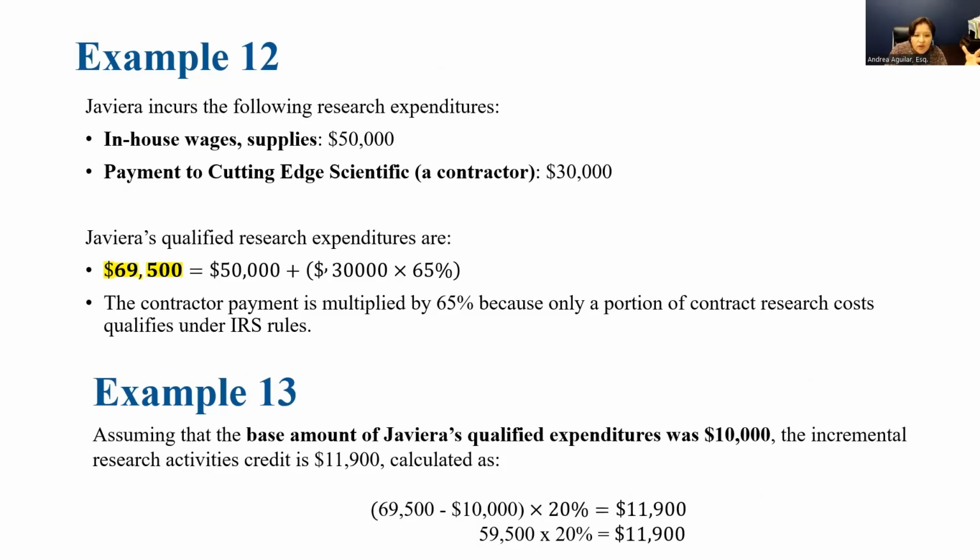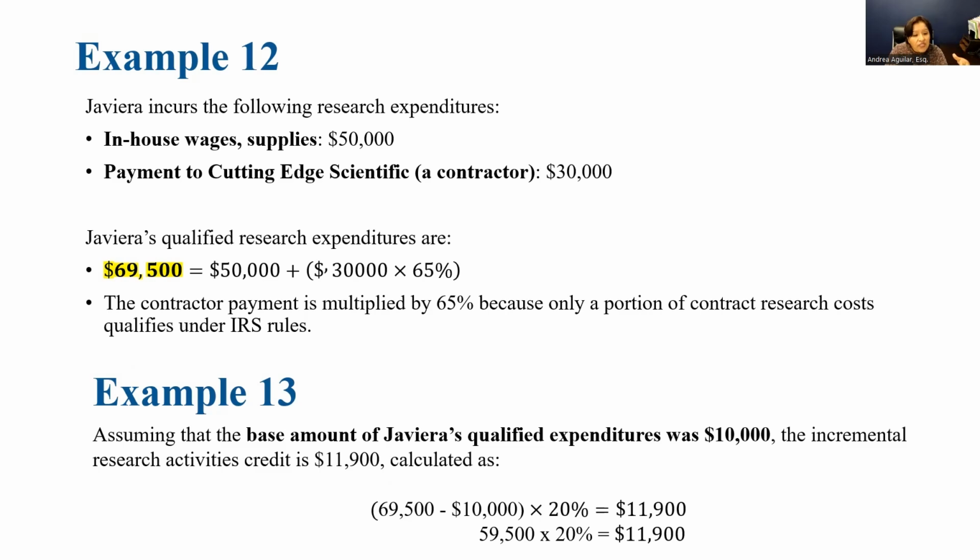J. Vieira's qualified research expenditures are $50,000 because that's the full amount of the in-house research expenditures, plus 65% of the $30,000. So that gives you $69,500. The contractor payment is multiplied by 65% because only a portion of the contract research cost qualifies under IRS rules.